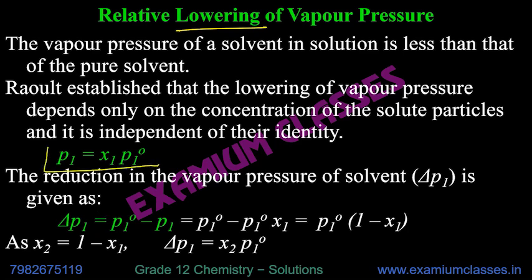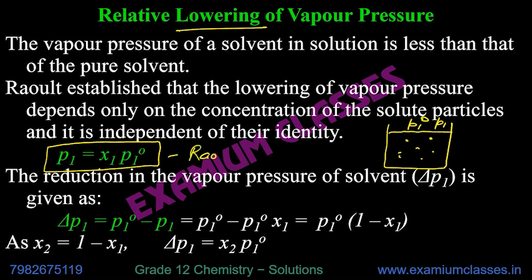And this is something you know: P1 equals X1 P1 naught. This is Raoult's law. Initially there was only the pure solvent, nothing else, and the pressure was P1 naught. When we added solute particles, the pressure decreased and became P1. So P1 equals X1 P1 naught as per Raoult's law.